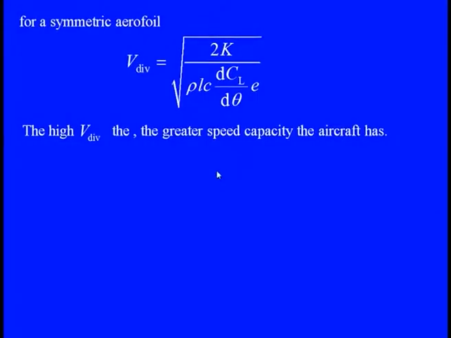So when we jot these down, we know that for the symmetric profile of the aerofoil, the diverging velocity depends on k and on dC_L by d theta. When the diverging velocity is high, the speed capacity of the aircraft will be more, but the system becomes more diverging and unstable.